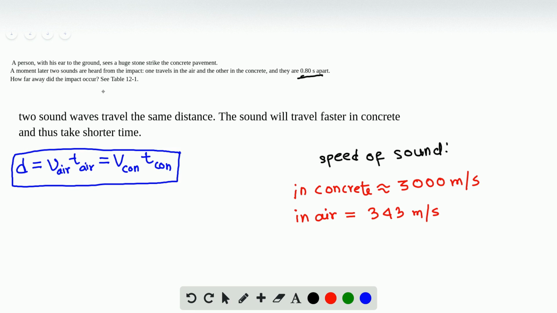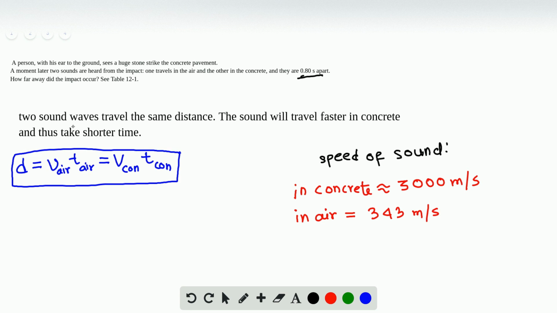If we know the time and the velocity of sound in air and concrete, we can easily write distance equals velocity of the sound wave in air times the time it takes for the sound to travel.